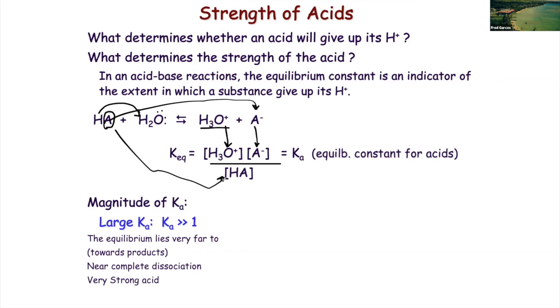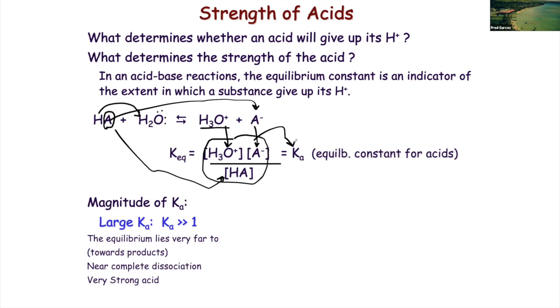Now, it's too bad that we don't cover equilibrium first. We cover acid-base chemistry first, because if we had covered equilibrium first, then this would be well explained. But for now, just take the fact that if we write the products over the reactant, then this ratio right here, no matter what concentration of acid you have, will always be equal to a constant value.